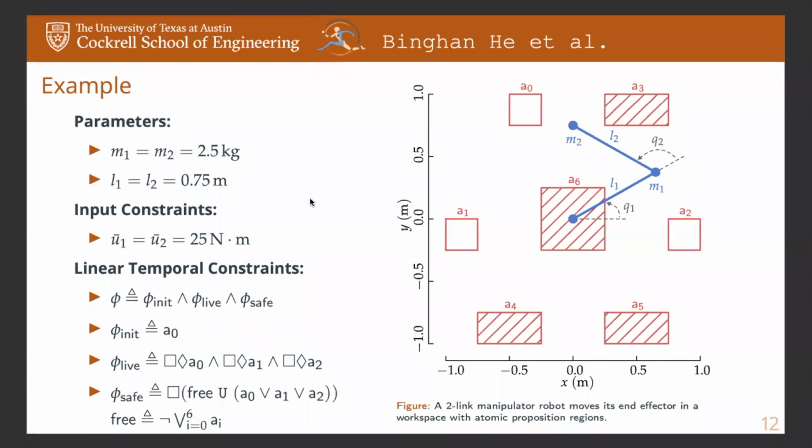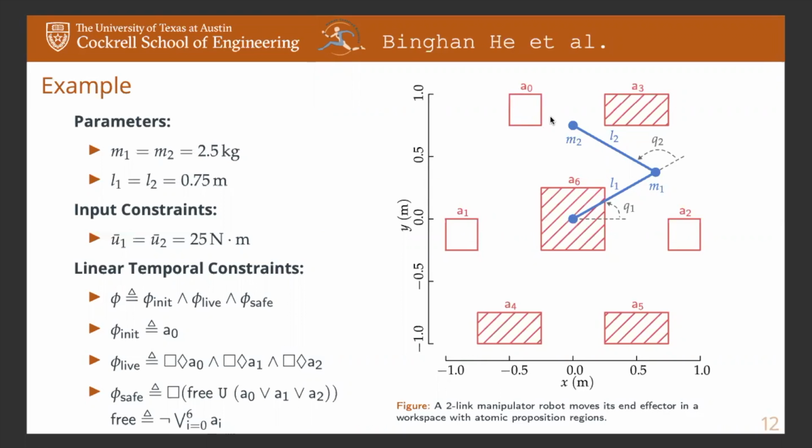To prove this concept, I will show you a simulation of a 2-DOF manipulator moving its end effector in its workspace. So this manipulator has 2 point masses located at the distal ends of its 2 links. The 2 point masses are equal, and the lengths of these 2 links are also the same. So you can see some polytopic regions in the workspace.